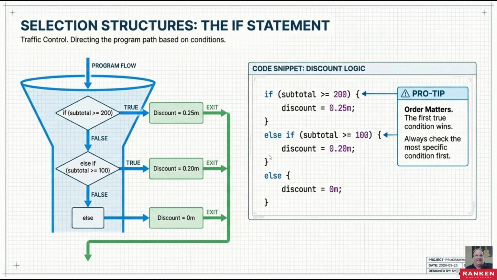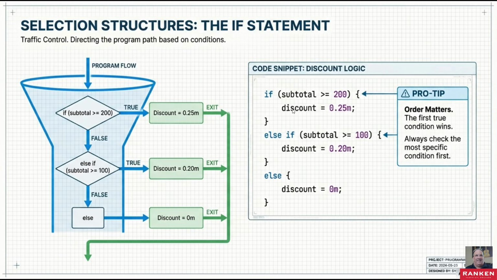Now, I do want to mention also why it's very important to have an else here. If you didn't have an else here on this one, if subtotal is greater than 200, it would set this variable discount to 0.25. Then, if this did not have an else and had another if, missing the else here, it's going to do this, and it's going to actually change the discount to 0.20.